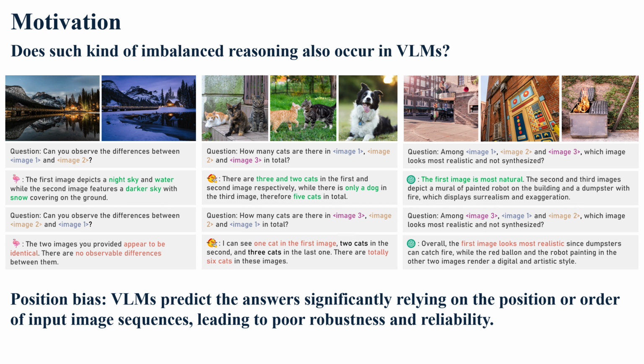The problem here is that the model changes its answer just because we switch the positions of the images. Similar problems also occur in other vision language models like IDEFICS2 or even GPT-4. This phenomenon is called position bias, where the vision language models make predictions relying significantly on the positions or orders of the images, which leads to poor robustness and reliability of the answers.